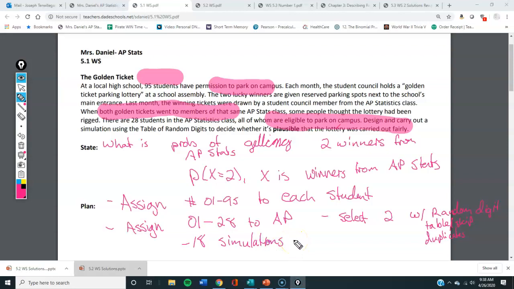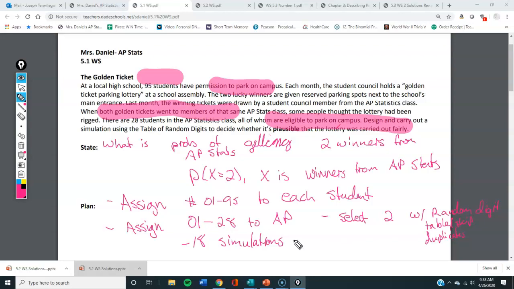Make sure, this is important, guys. Whenever you are planning out an experiment like this, you need to include the tool you're going to be using. We're using a random number table. You could say calculator, random number generator, dice, whatever. You need to give the values, like 1 to 95 is the values we gave for the 95 students.